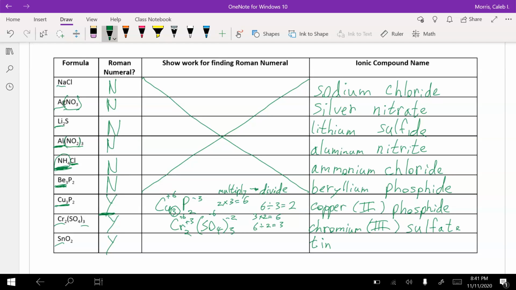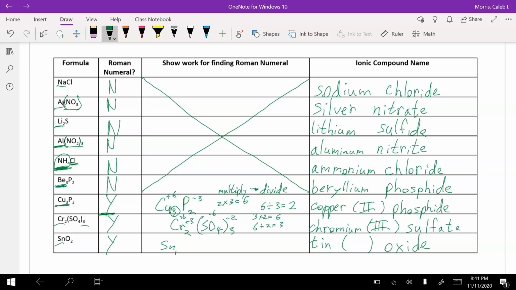And then O we know is oxide, and we know we need a Roman numeral. It's oxygen, which ends in "ide" because it's a negative ion, a negative monatomic ion. So tin something oxide. Let's figure out what that Roman numeral would be.